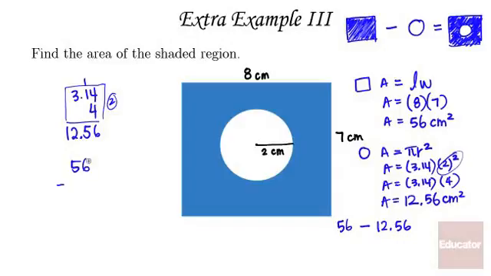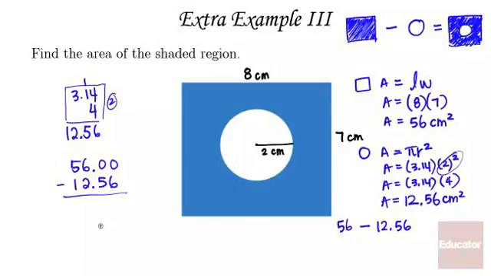Where's the decimal in this number? If you don't see it, it's always at the end, right there. Minus 12 point, make sure when you add or subtract, the decimals have to line up. 5, 6. Now, I'm missing numbers here. If I'm missing numbers at the end of a number behind the decimal point, I can add zeros like that.